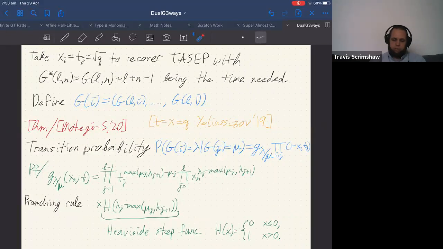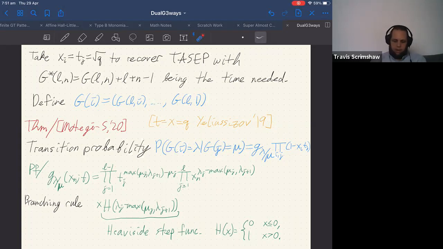And the transition probability from G_i equals lambda to G_j equals mu is given by a skew dual Grothendieck polynomial. The definition I gave was originally for straight shapes, but there's nothing that prevents you from tweaking that definition to use a skew shape. And so I just take it as a skew shape.